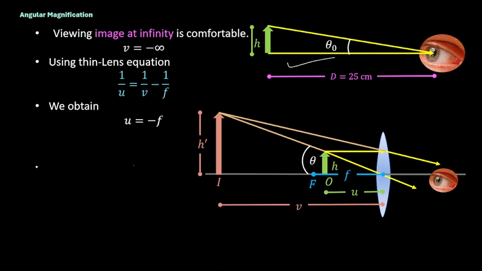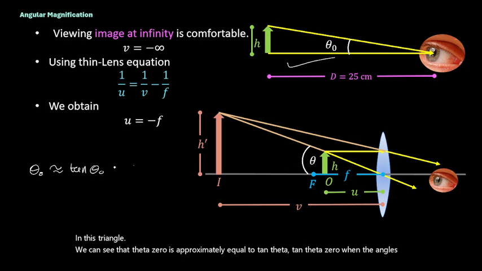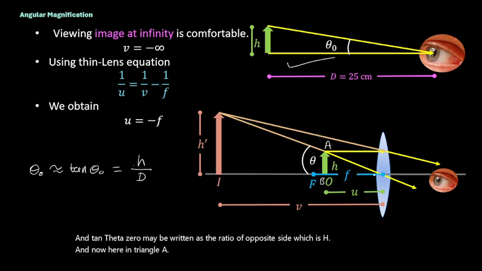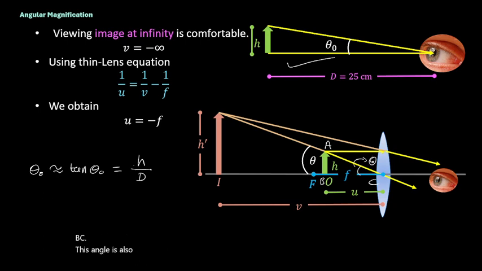In this triangle, we can see that theta 0 is approximately equal to tan theta 0 when the angles are very small, and tan theta 0 may be written as the ratio of opposite side, which is h, by D. And now here in triangle ABC, this angle is also theta, and we can write theta equal to tan theta, and tan theta is equal to the opposite side divided by the object distance.